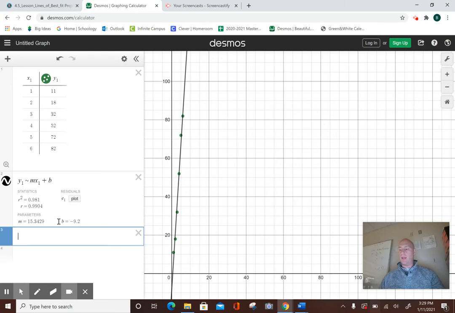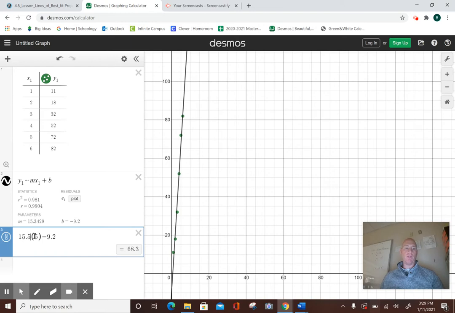So remember how we had 15.5x minus 9.2? It'd be 15.5, but instead of x, we're talking about the 5th week minus 9.2. And that gets us really close to where we were at. And since this is going to have some rounding errors, that's acceptable.